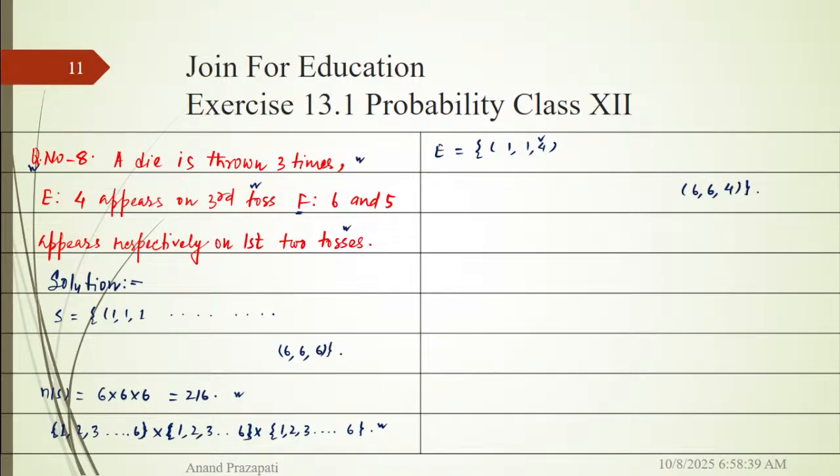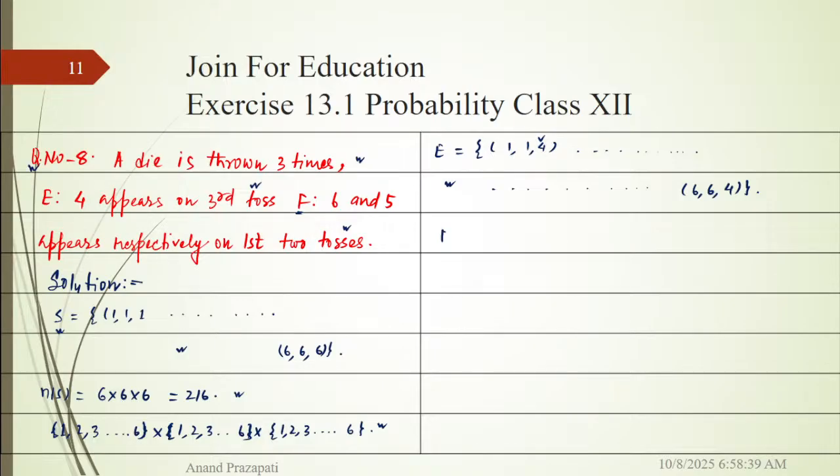So these are the sample points. We pick out from the sample space all sample points in which we have 4 on the third toss. Hope there is no problem understanding up to this step.